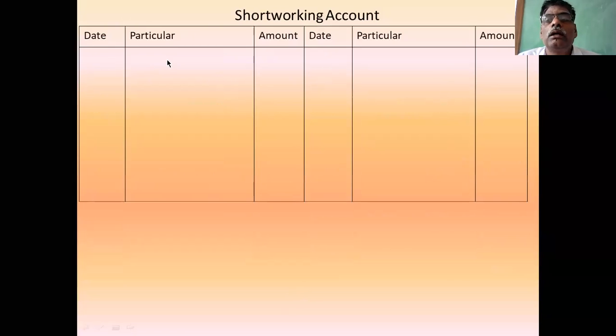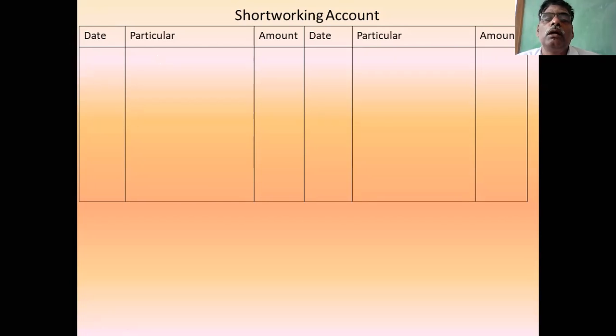In the short working account, we debit lesser name for SW, credit lesser name for SWR, and P&L account for SWIR. It is your general rule. In the debit side, instead of lesser name, you write the minimum rent for SW amount.